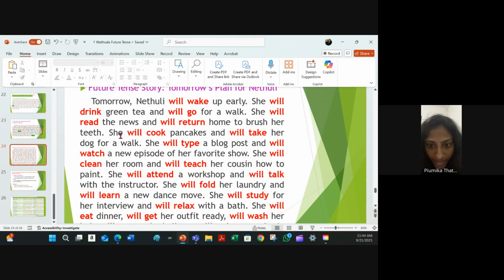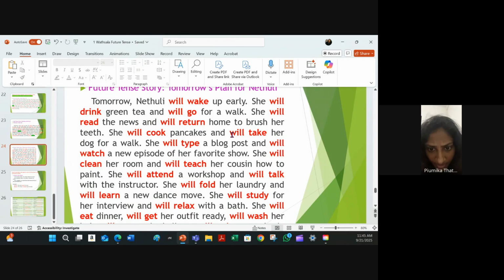We will cook pancakes and will take our dogs for a walk. We will type a blog post and will watch a new episode of our favorite show. We will clean our room and will teach our cousin how to paint.